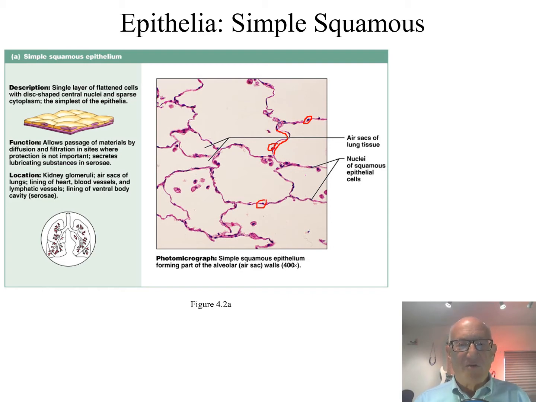Now, we don't want to get confused. Later on, we're going to see a slide of adipose tissue, and they're kind of easy to mix up, right? But this is single layers of cells in a line here, all right? This is empty space in the lung. These are air sacs in the lung.